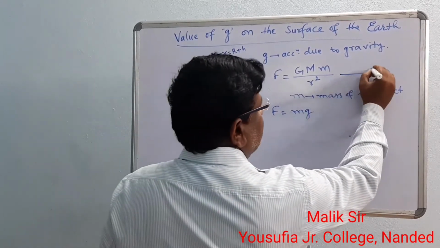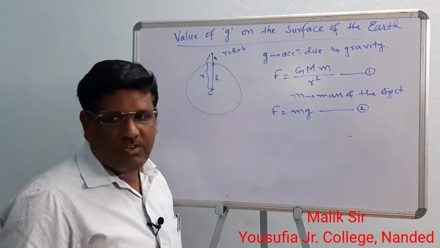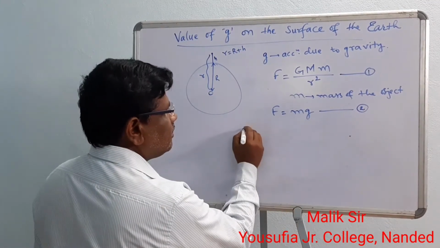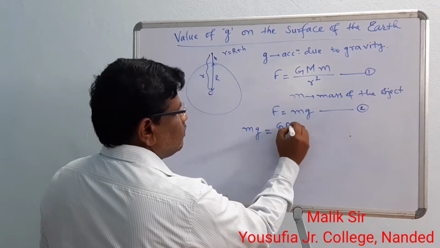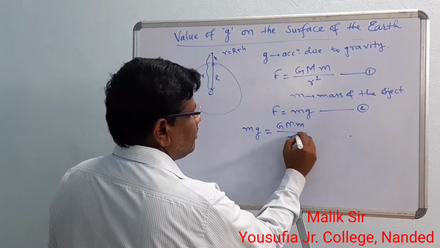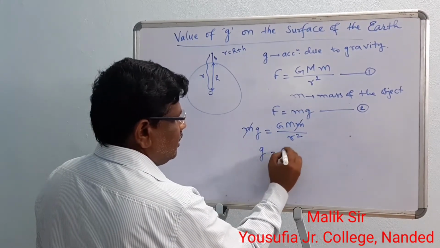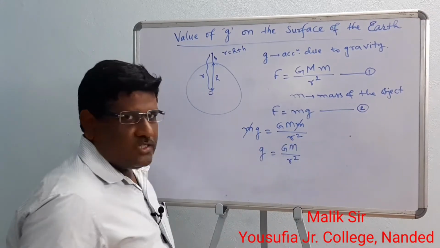Suppose this is equation 1 and this is equation 2. If we compare these two equations, we get mg equal to G M m divided by r square. Small m gets cancelled, so g equal to G M divided by r square.